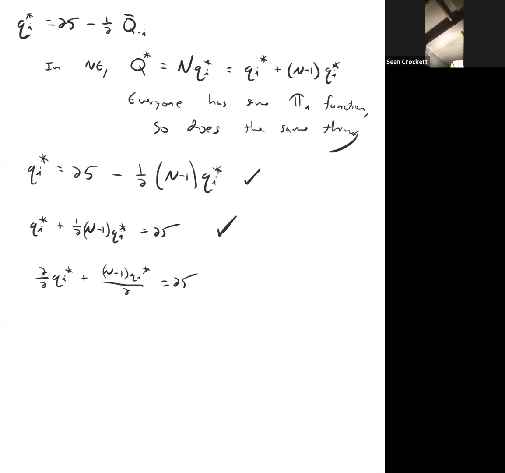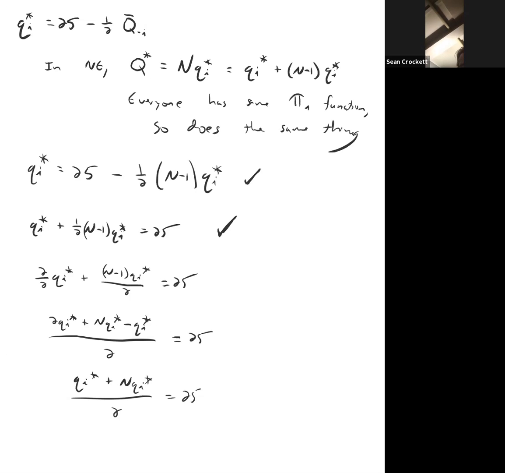And so now we have 2 qi star plus n qi star minus qi star over 2 equals 25. And so that's going to be qi star plus n qi star divided by 2 equals 25.